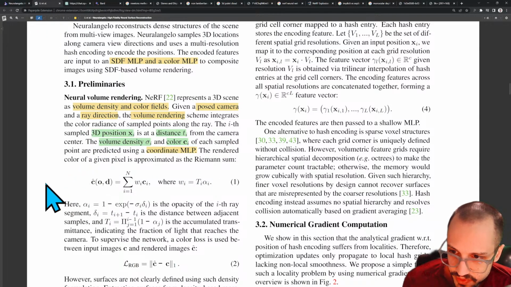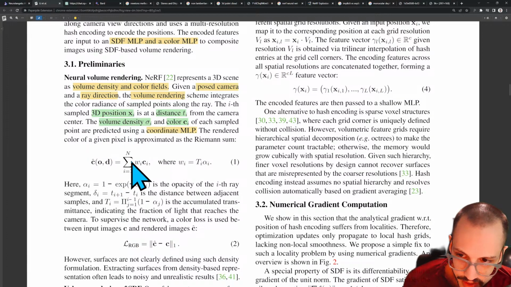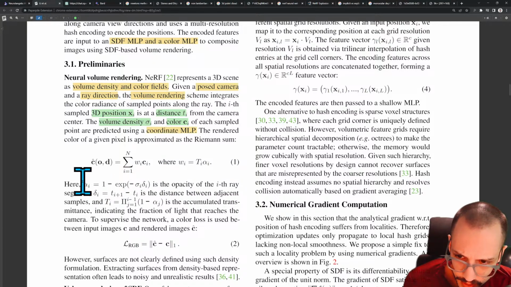The rendered color of a given pixel is approximated by the sum, and then here you have a nice little summation. This big sigma here means you sum from 1 to N, w_i times c_i, right? c_i is the color, w_i is this value here, T_i alpha_i, where alpha_i is 1 minus the exponent of negative sigma_i, which is the opacity, times delta_i here, which is the distance between adjacent samples.